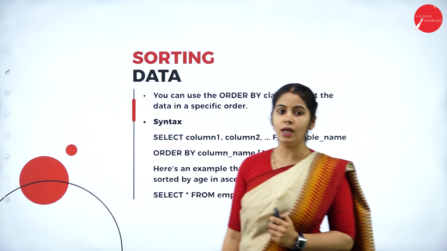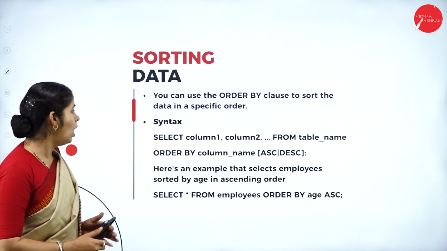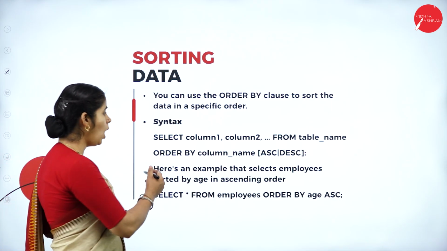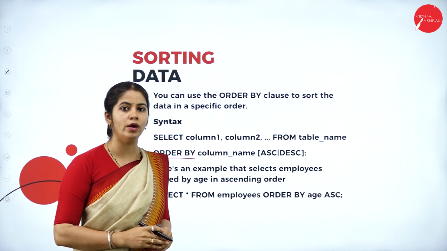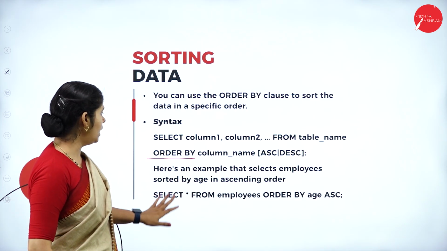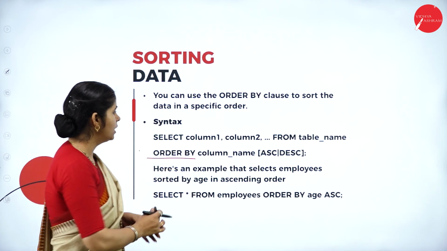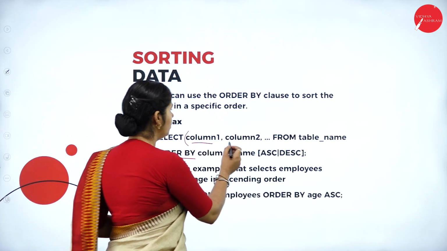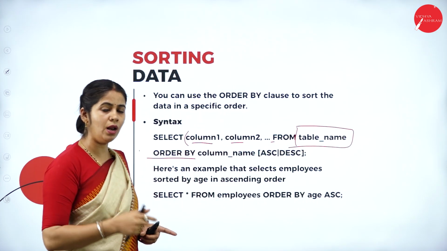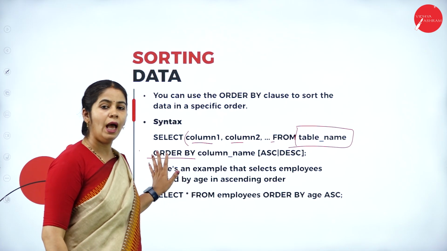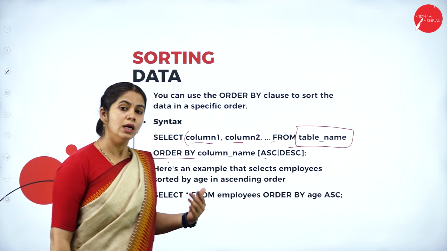Then sorting the data. We can use the SQLite module for sorting the data also. How can we sort? By using ORDER BY, in either ascending or descending order. What is the syntax? SELECT the column, FROM the table name, ORDER BY the column I want to sort, and whether I want ascending or descending order.